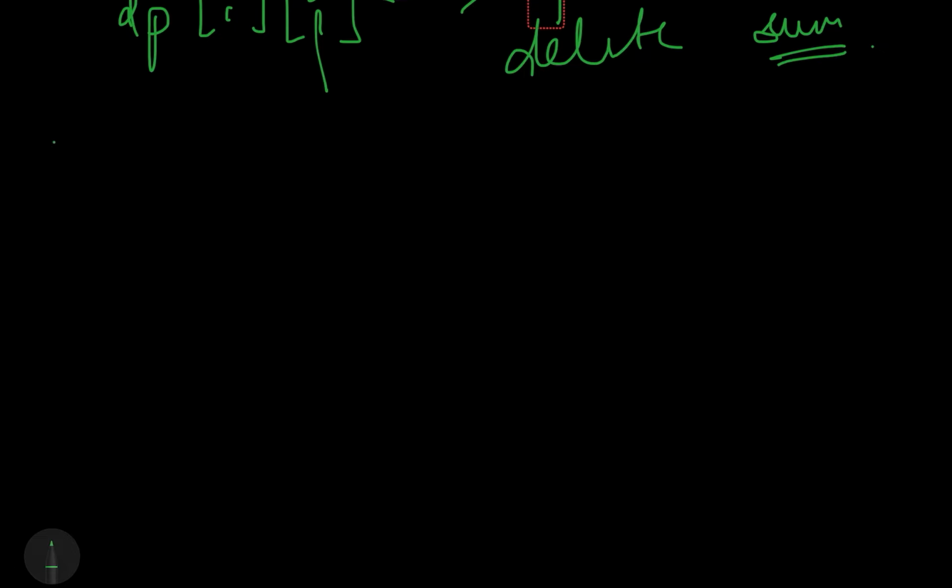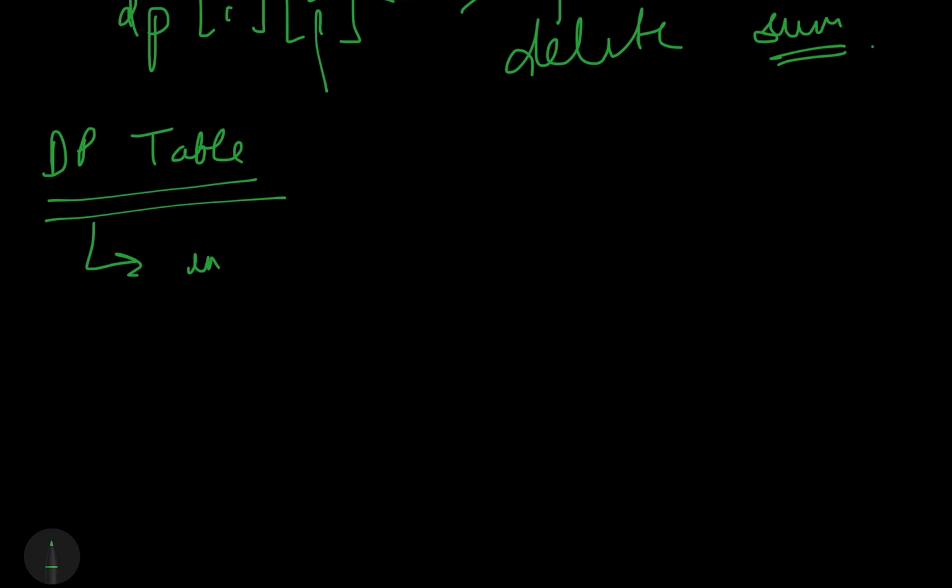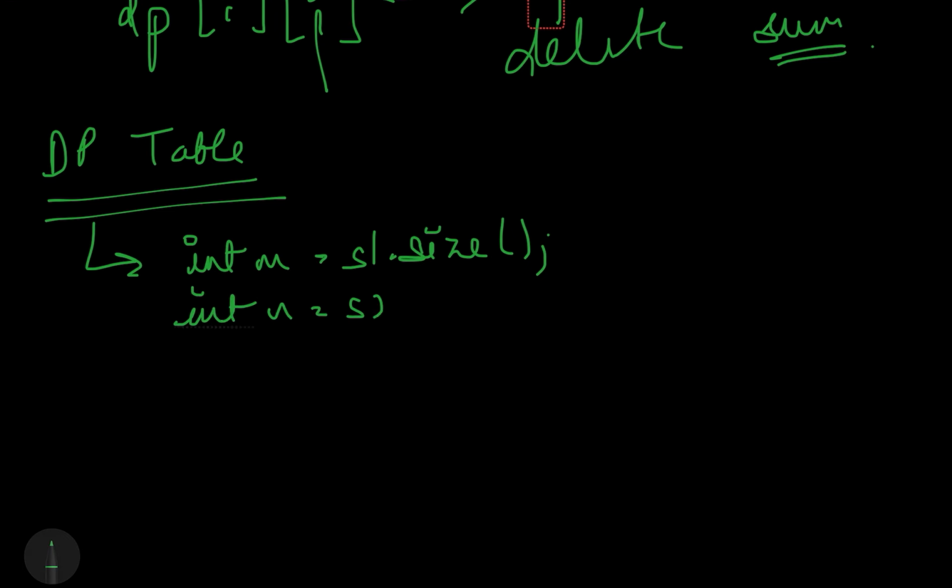First, we'll define our DP table. How will we define it? First, we'll take two variables to store the sizes of our two strings: int m is equal to s1.size() and int n is equal to s2.size().